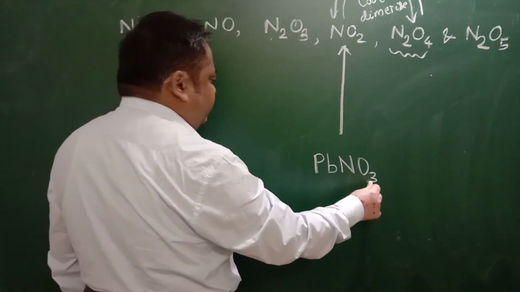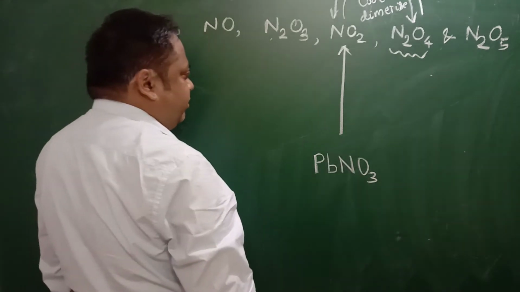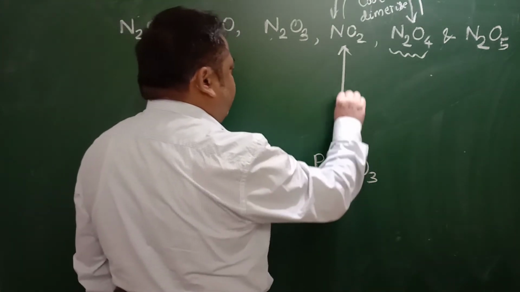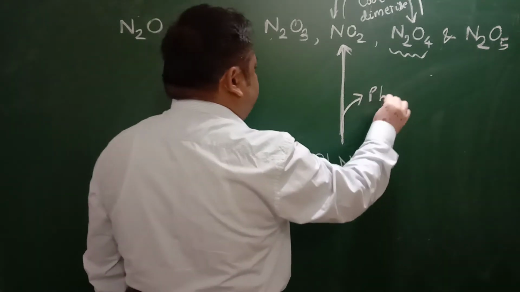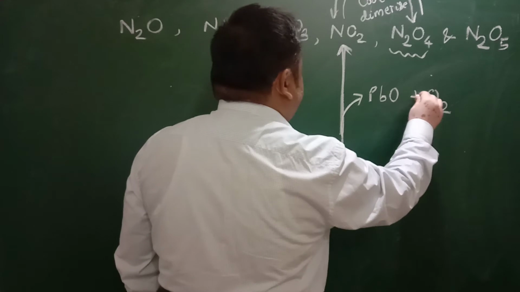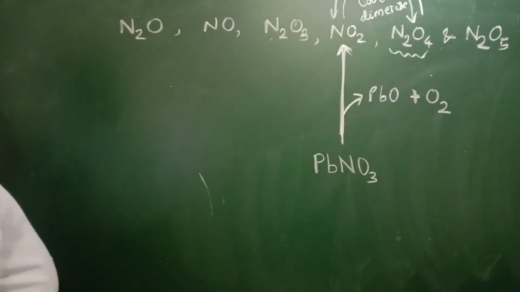So one oxygen out of 3 will go to lead and NO2 will be freed. So it will form NO2, PbO and O2. And then we can balance the reaction. So now we are just trying to chart out and learn the methods.